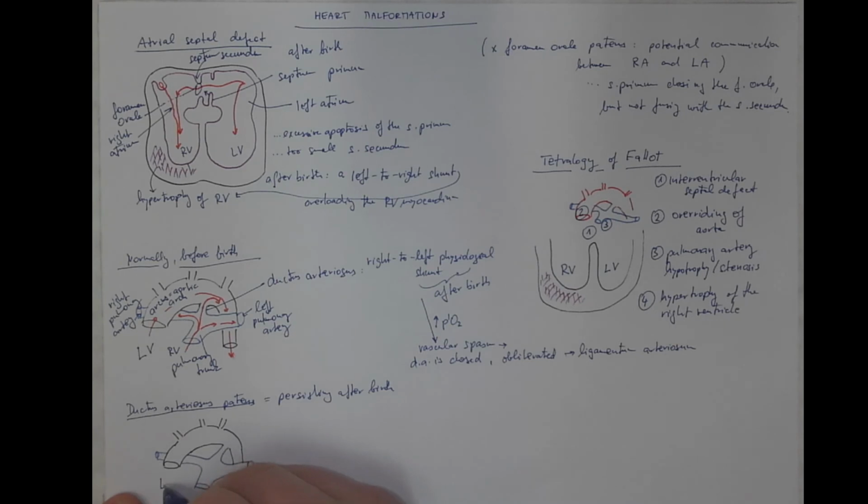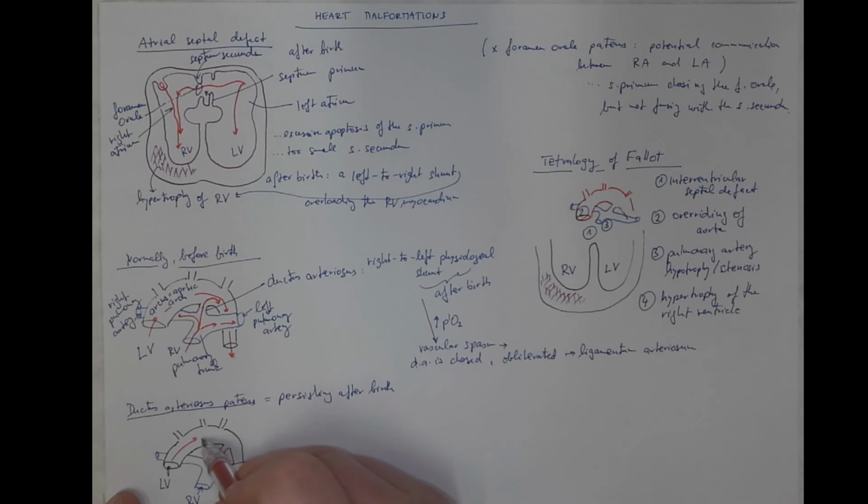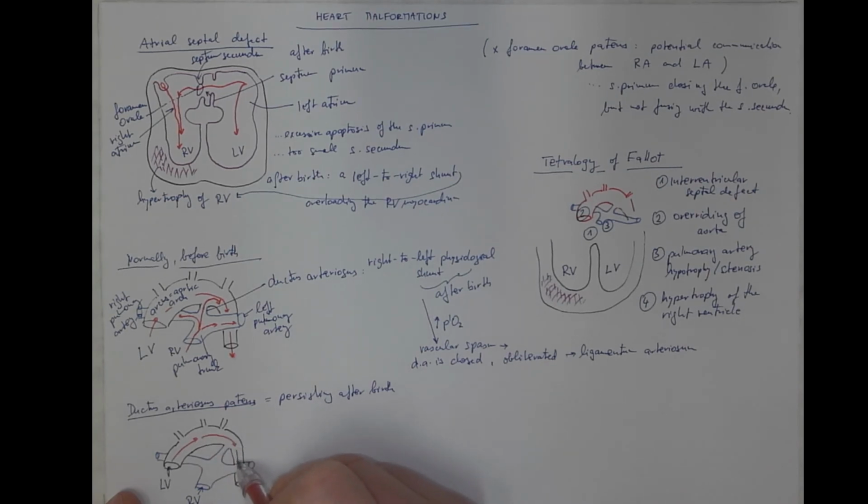Now here's the left ventricle, right ventricle. But after birth, the blood pressure is significantly greater in the systemic circulation. So the blood pressure is higher in the aorta than in the pulmonary arteries. So the blood flow is reversed here, and through the open ductus arteriosus some blood comes extra to the pulmonary arteries.